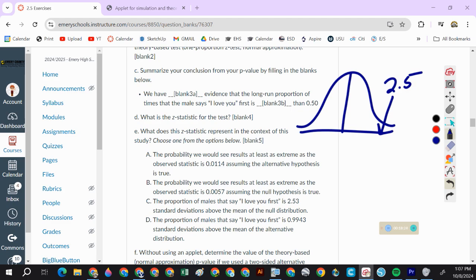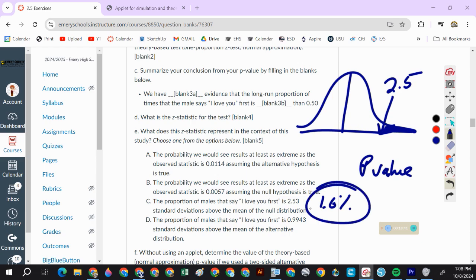So that's going to spit out a p-value. And that p-value we decided is less than 5. What does that p-value mean? This is kind of hard for kids to understand. So let's say it was, I don't know, 1.6%. Somebody describe for me what 1.6% means. Anybody get that? 1.6% of what?